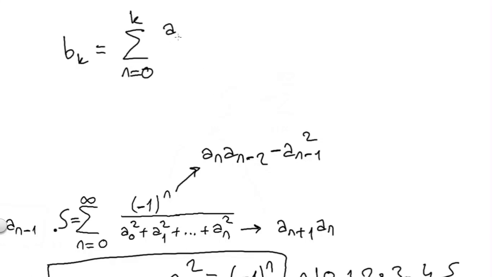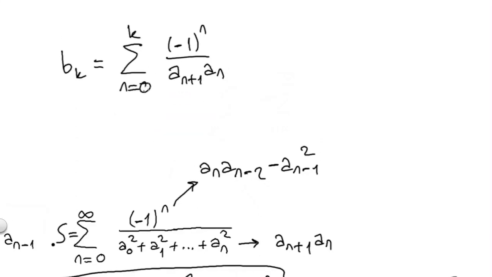Let's write it: minus 1 to the n over, and this identity was true for any n, so I can write a(n+1) an. Like I said, I want to take the first term out. If n is equal to 0, it's going to be 1 at the top, and a1 times a0 is also 1, so it will just be 1. And plus the sum for n from 1 to k of minus 1 to the n over a(n+1) an.